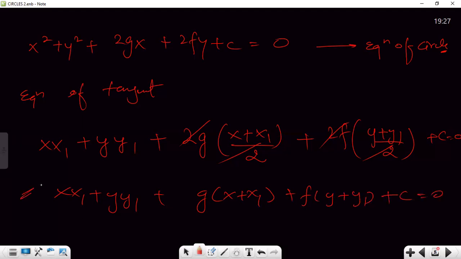So this is the equation of tangent. This is how we can find out the equation of tangent. Clear? Yes, sir.